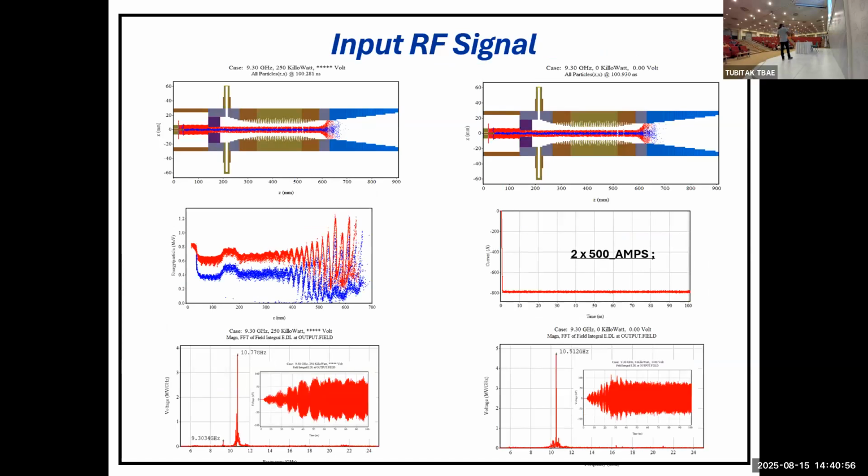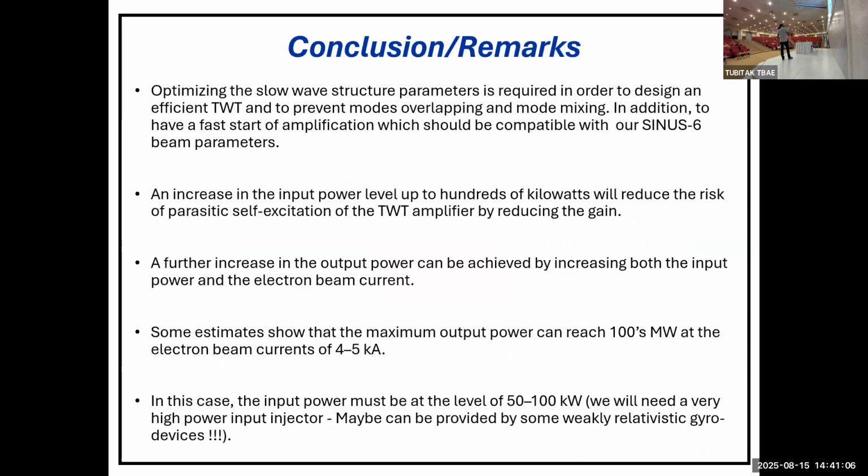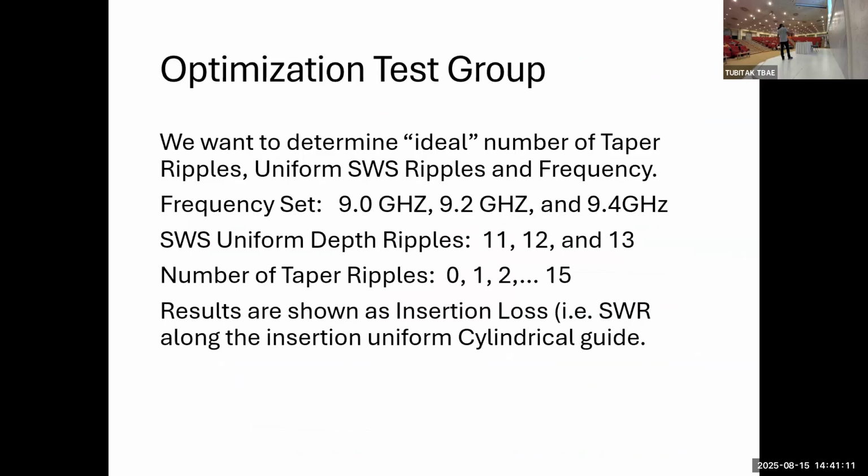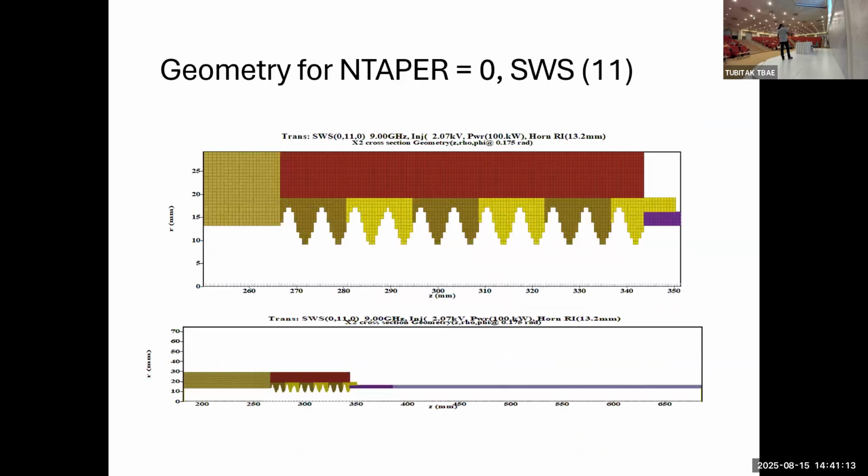Now we introduce a second beam just for fun, and look, both of them have this modulation behavior. These are two beams, two electron beams. Let me jump. Now we optimized our structure.